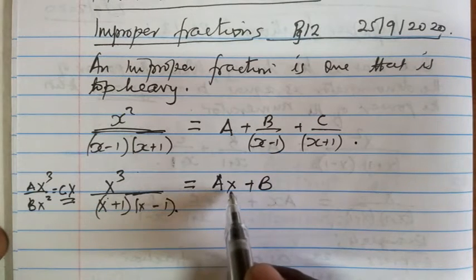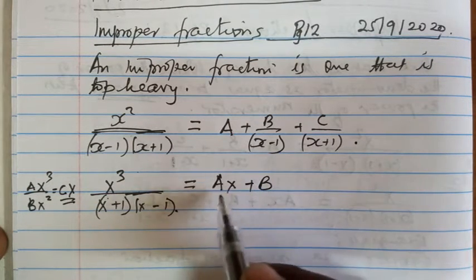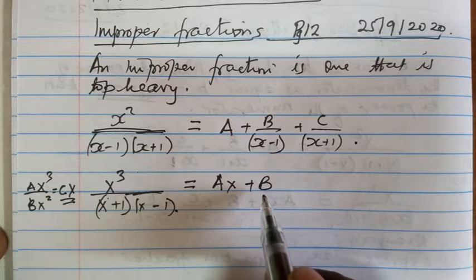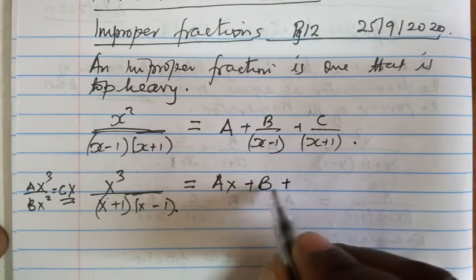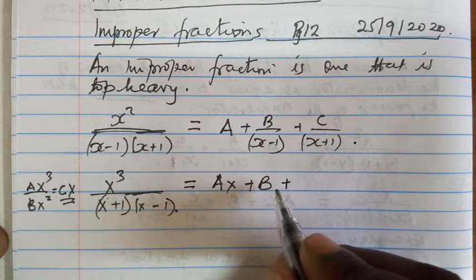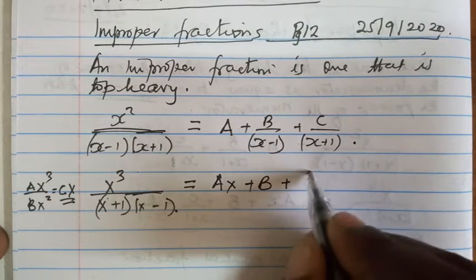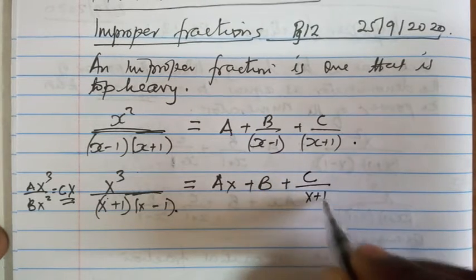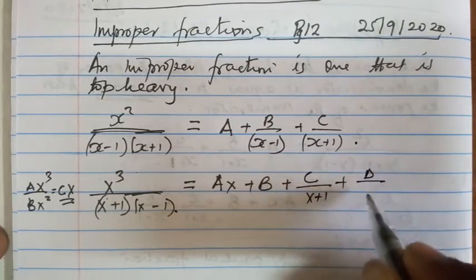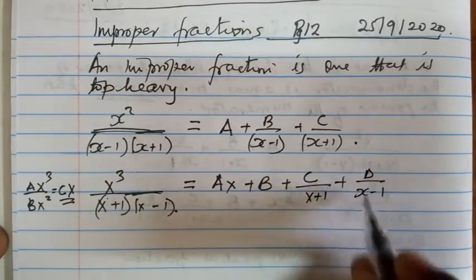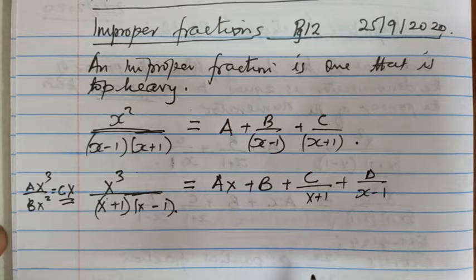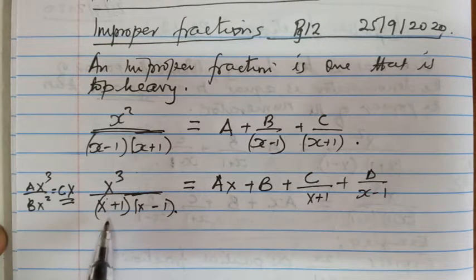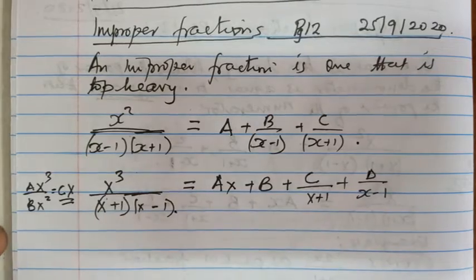Then plus c over x plus 1, plus d over x minus 1. A cubic over a quadratic should give you a linear function.